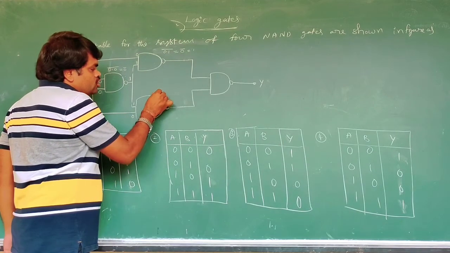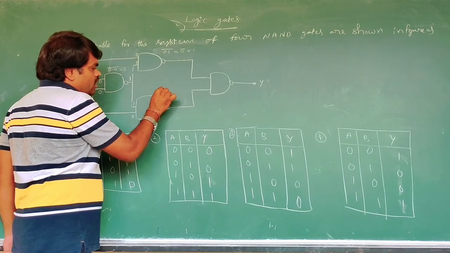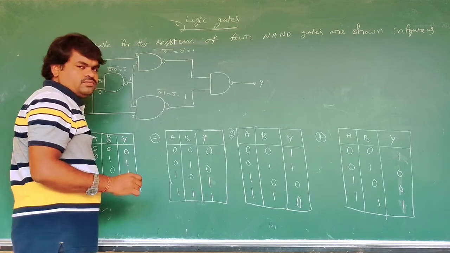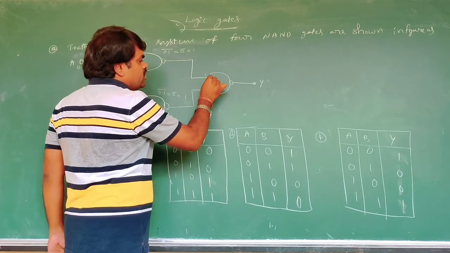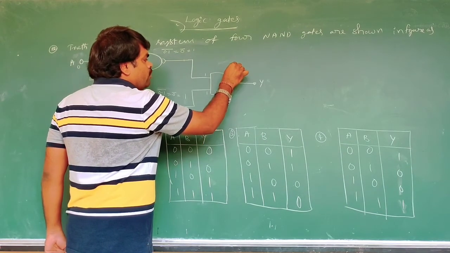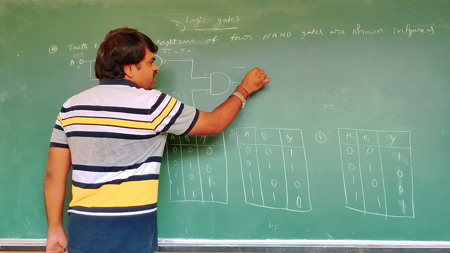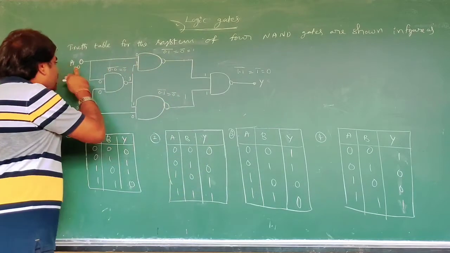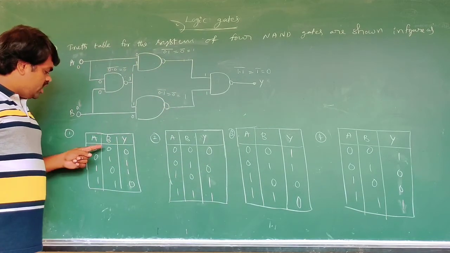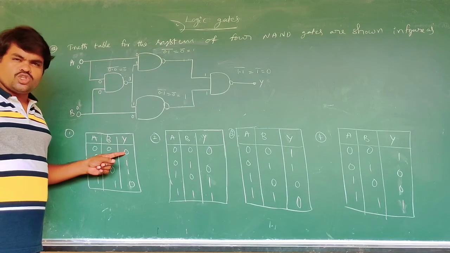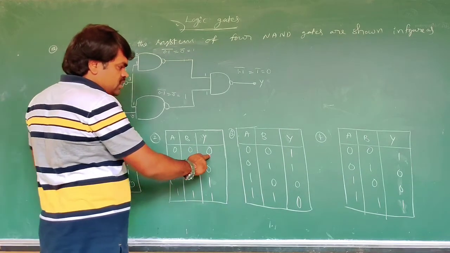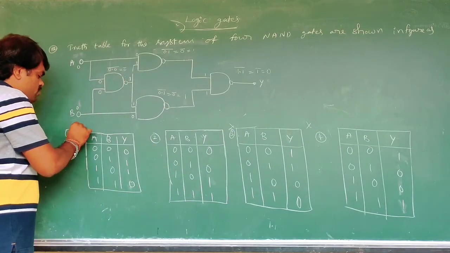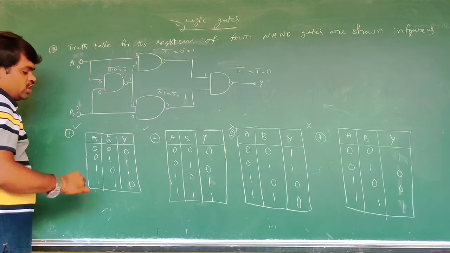Here 0 dot 1 bar, also 0 bar gives 1. Then 1 dot 1 bar: it is an AND gate and we get 0, since 1 bar is 0. That means when we take inputs 0, 0, we get the output 0. But these two options are not correct; only these two may be correct.